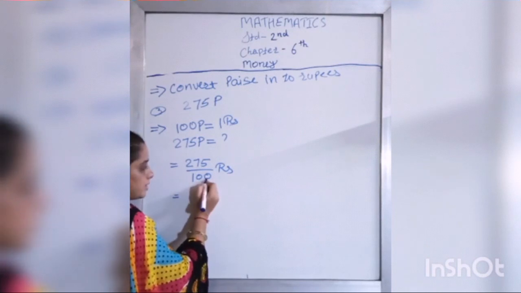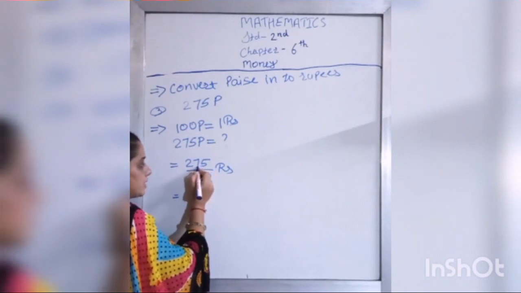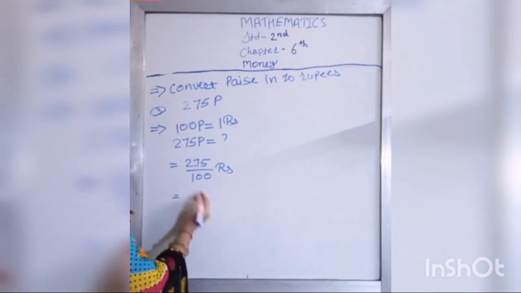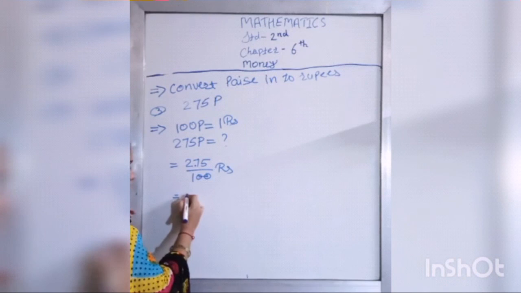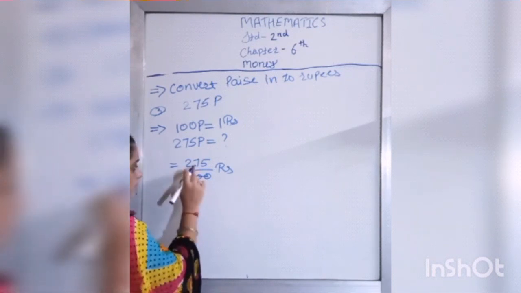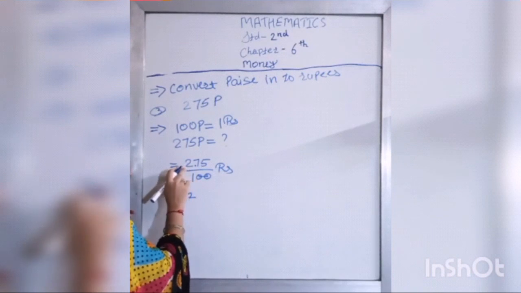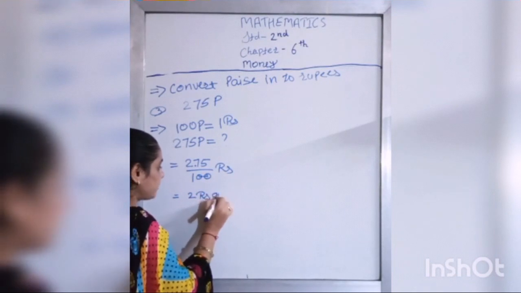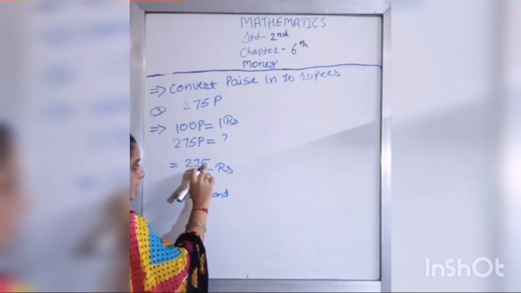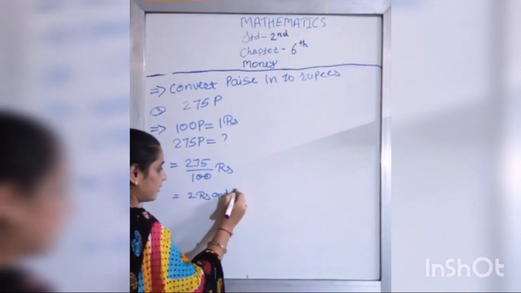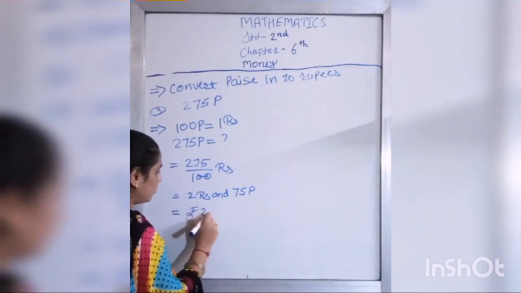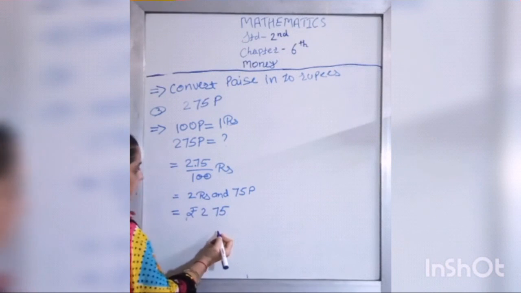In 100 how many zeros are there? 2 zeros. So we will move 2 places towards the left side and put a dot or decimal point. So we can write this as 2.75. Before the dot, or to the left side of the dot, what do we write? We write rupees. So 2 rupees, and towards the right side of the dot we write paise, 75 paise. So that means 2 rupees and 75 paise. Understood?